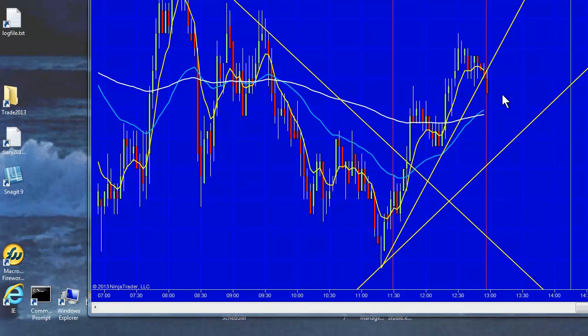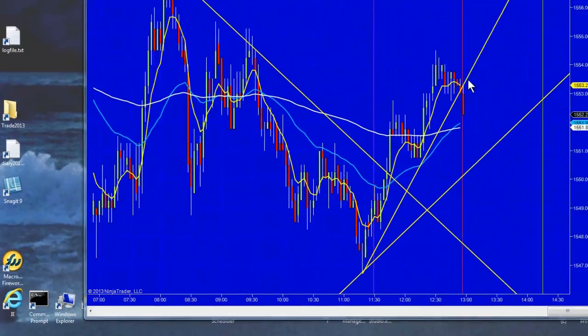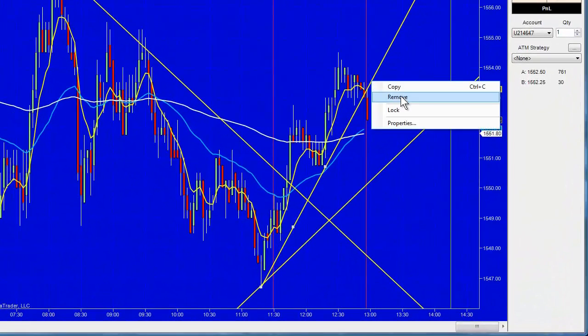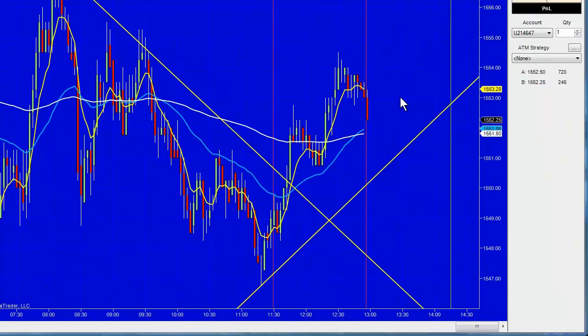Okay, we are now just past the second trade time, and this pullback continued, coming down in here. I'm going to get rid of this line because we've obviously broken it. Now this 1 by 1 coming up here still looks like we could have some support.